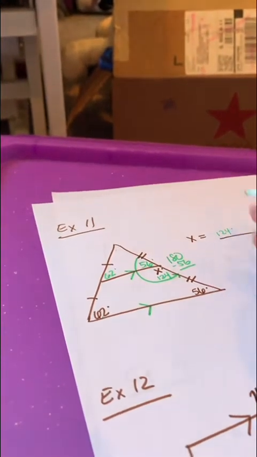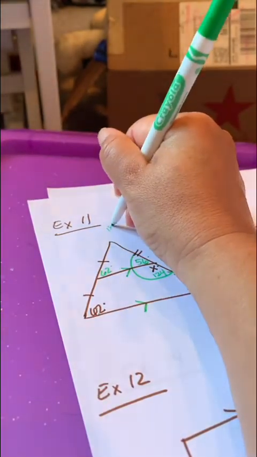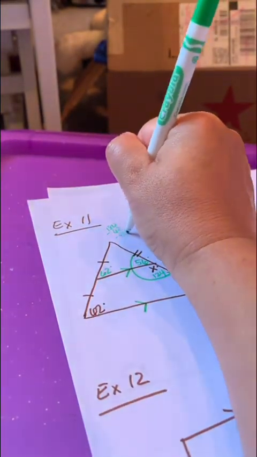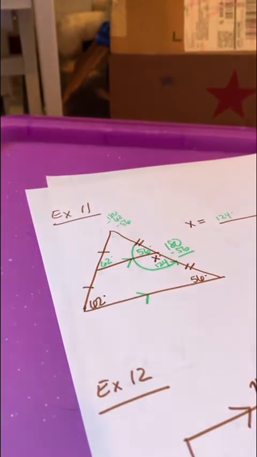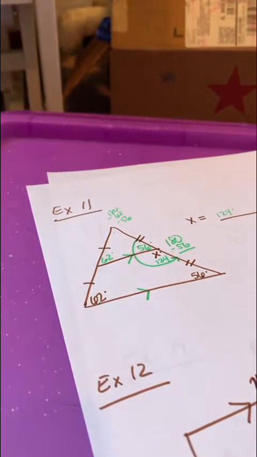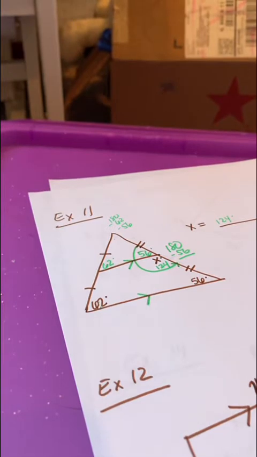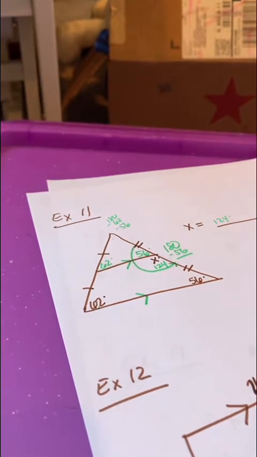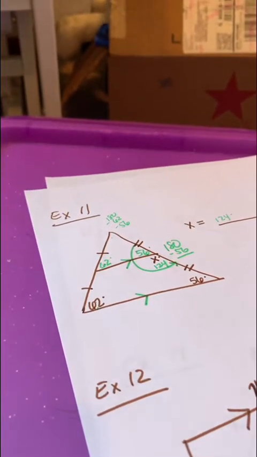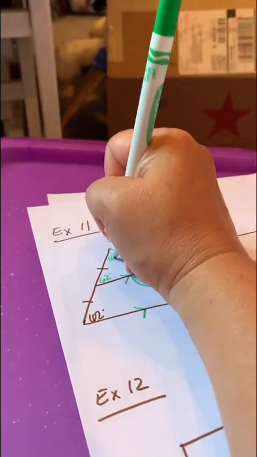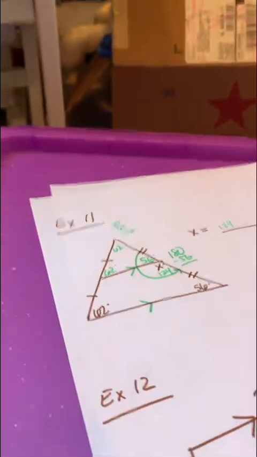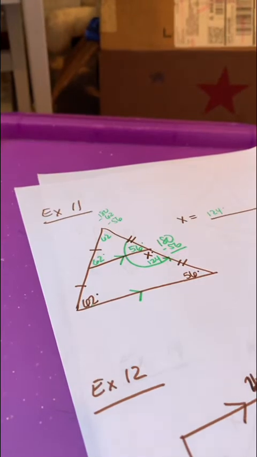This top angle here would be 180 minus 62 minus 56. So we get 62 again here. And so you can just fill in whole bunches of different angles, I guess, three different ones.